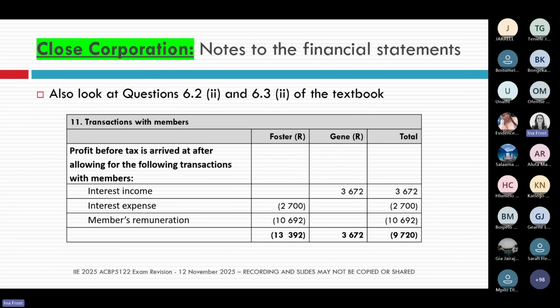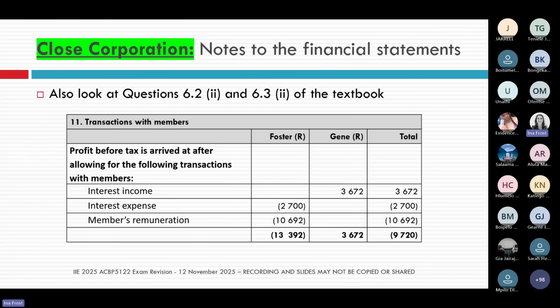Another new note that comes out of closed corporations is the note with the transactions with the members. And this note also comes out in questions 6.2 and 6.3 of the textbook. And then, of course, they are again in question 6.5.